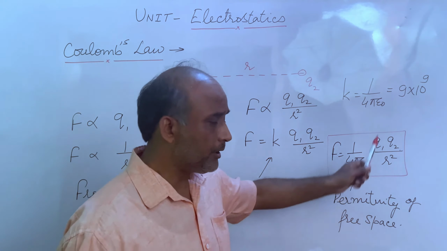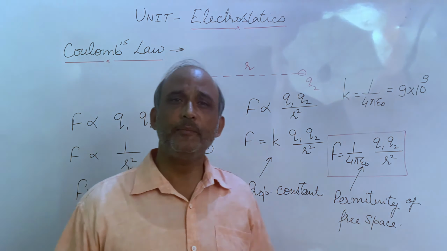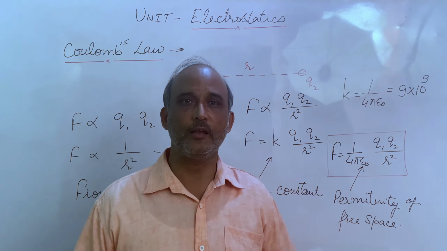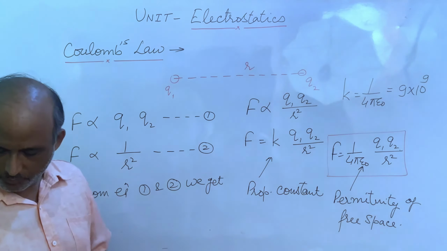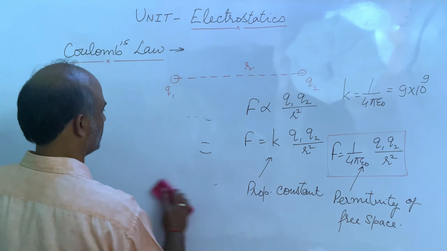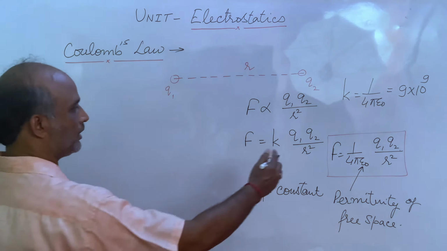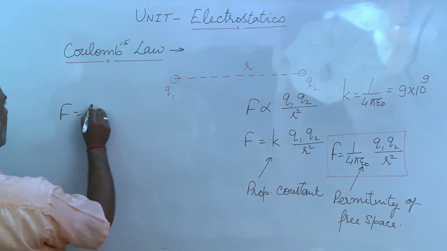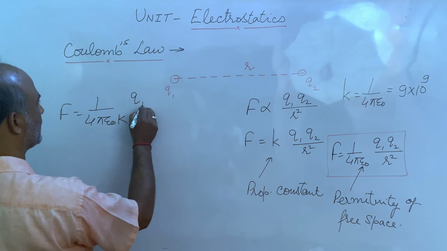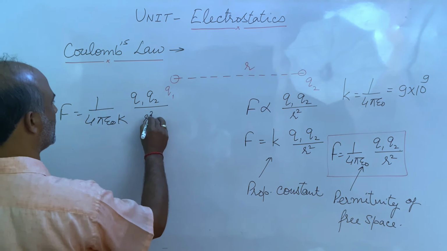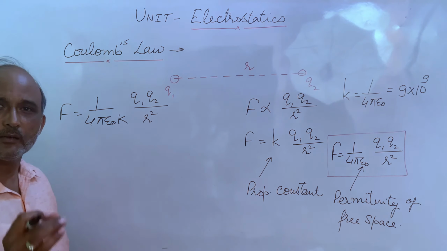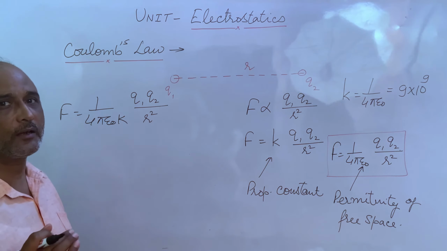If there is any medium between these two charges having dielectric constant K, then Coulomb's law will become F is equal to 1 upon 4 pi epsilon naught K Q1 Q2 upon r square, where K is the polar strength of the medium called dielectric constant.